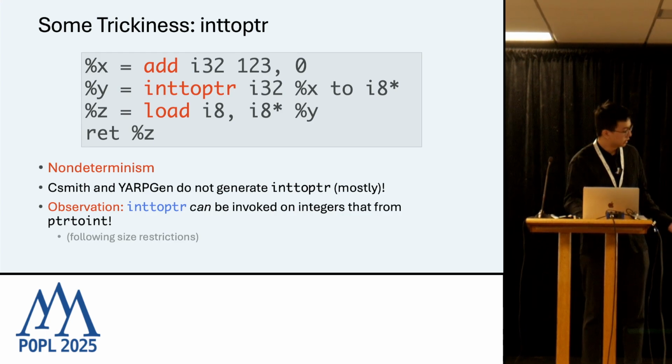Here we cast an arbitrary integer, in this case 123, into a pointer, which isn't necessarily allocated, so that the program can exhibit undefined behaviors. CSmith and YARPGen both avoid int-to-pointer casts, partly because of this reason. In this case, we need some metadata about how the integer is derived in order to know whether we can cast it into a pointer and read the value pointed to safely and deterministically.